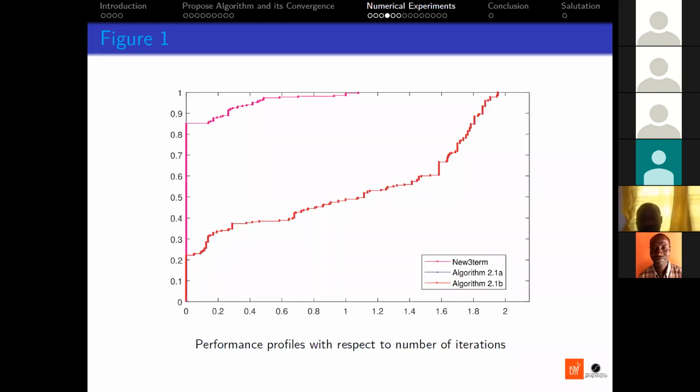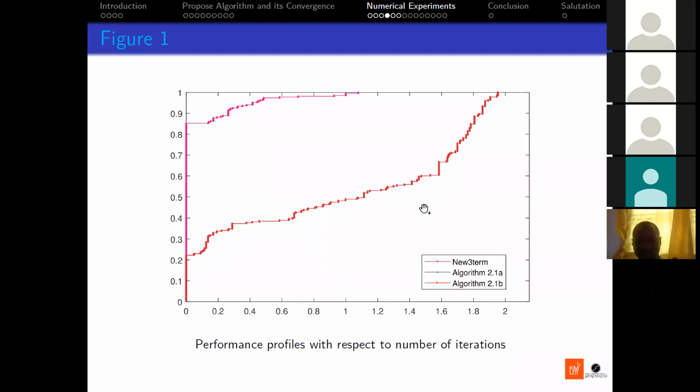Dr. Auwal, please share your screen again. Yeah, this one. Could you please explain the behavior of the red graph?